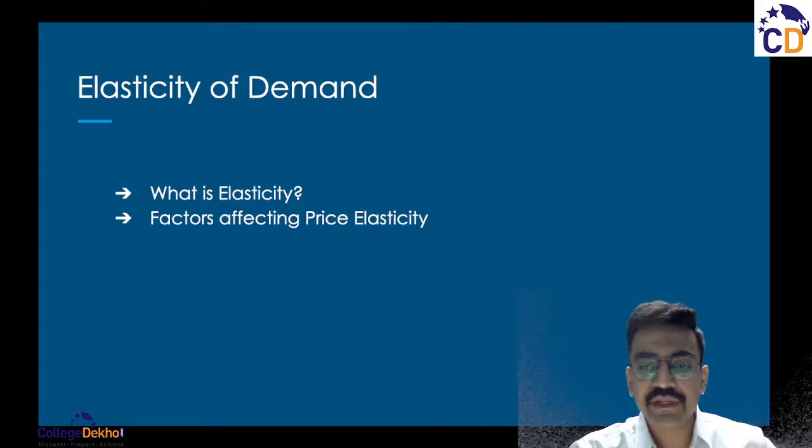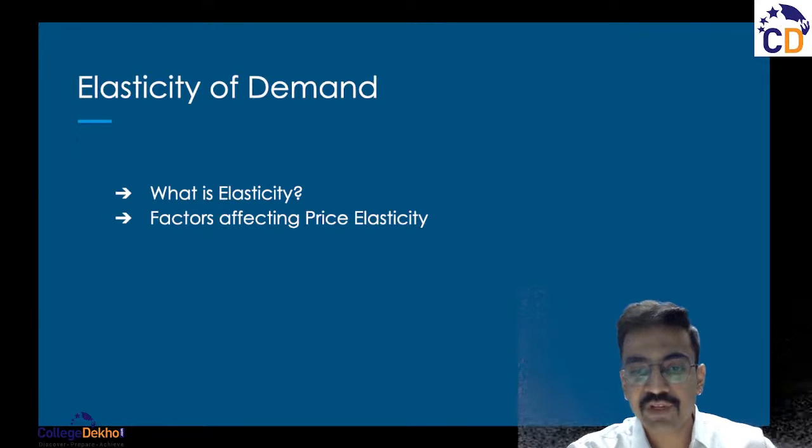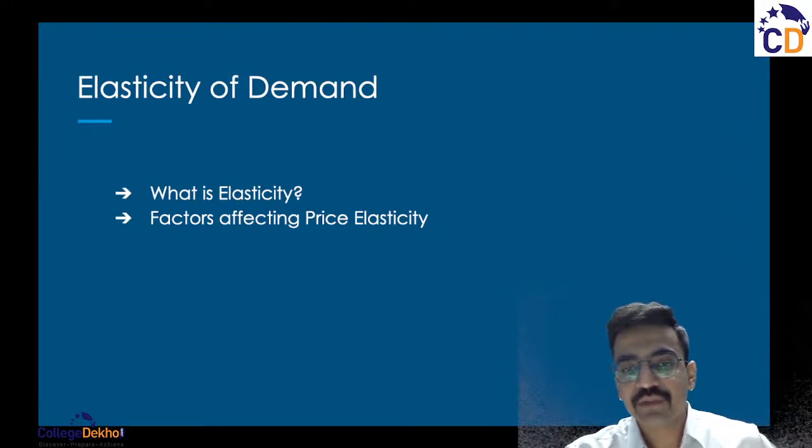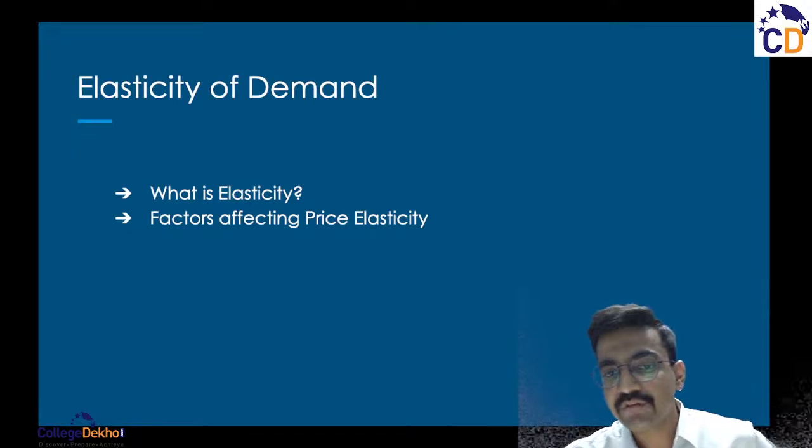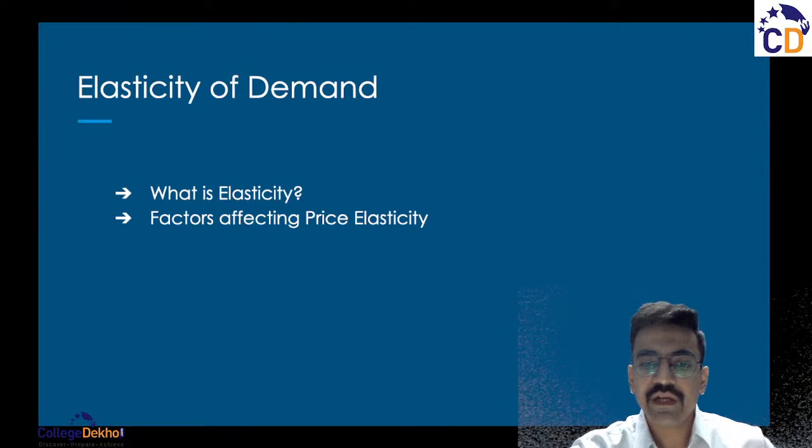So, if the time period needed to find substitutes of the commodity is more, the elasticity of demand is more, and vice versa. So, again, there is an inverse relationship here, right? How come?